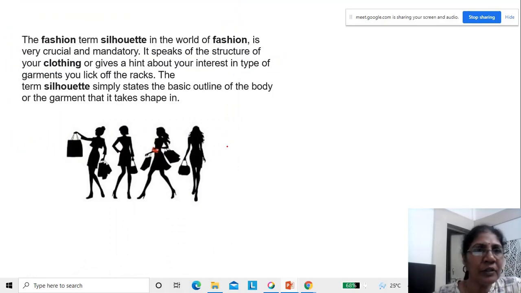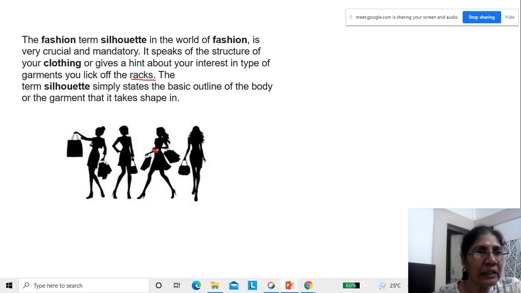I think this is going to be the last slide, or maybe a few more. Also, we got to know the meaning and importance of silhouette from fashion designing point of view. I'll just read it out for you. The fashion term silhouette in the world of fashion is very crucial and mandatory. It speaks of the structure of your clothing or gives a hint about the type of garments you try, or those in the racks, right?